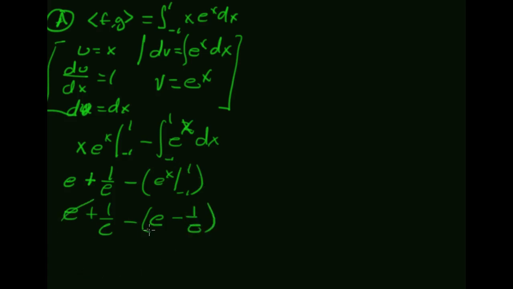So the e's fall out. This is going to give me just 2 over e for that. And then we'll get a new screen for parts B and C here.